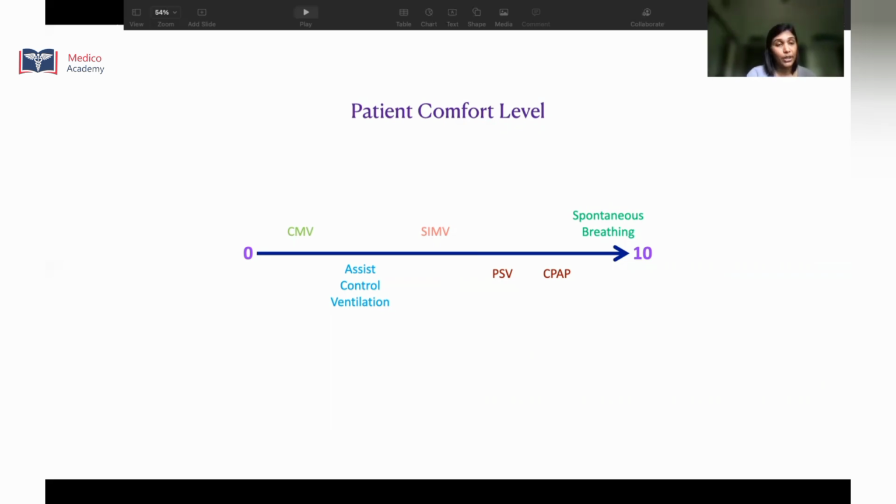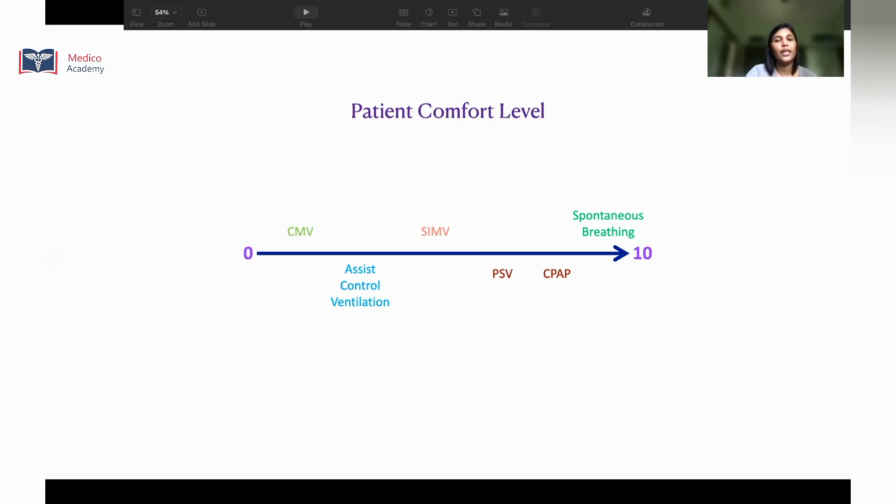So when you put a patient on a ventilator because of ARDS or COPD acute exacerbation or whatever, initially you will have to use some assist control mode, sedate the patient deeply, achieve your goals, achieve your tidal volume, achieve your pressures, and achieve your oxygenation as well as carbon dioxide levels by serially monitoring the arterial blood gases and vital parameters and the ventilatory parameters.